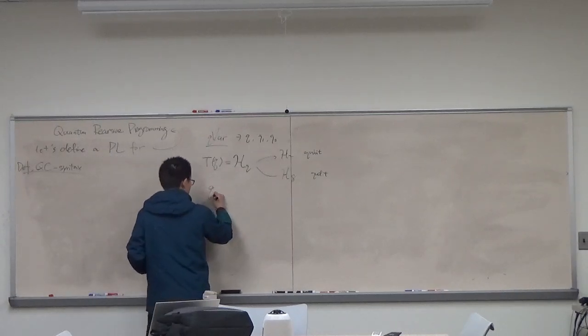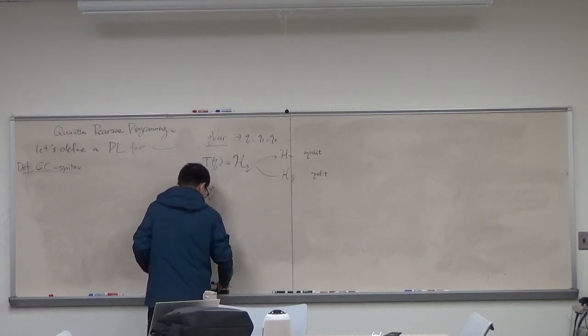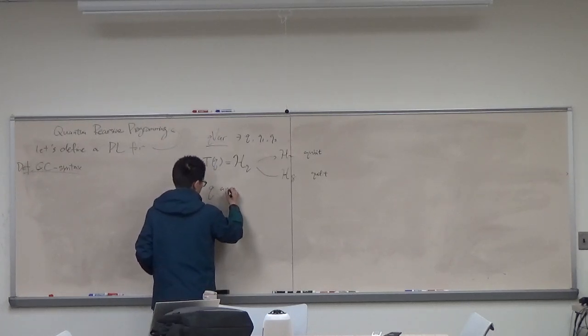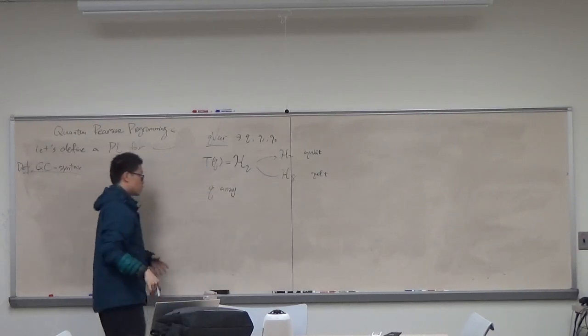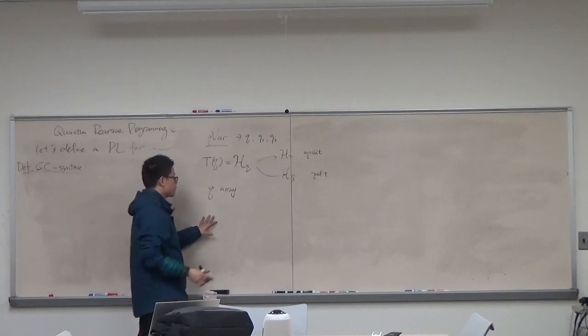So we can have an array, a quantum array. A quantum array is similar to a classical array, but the quantum superposition will create something different.